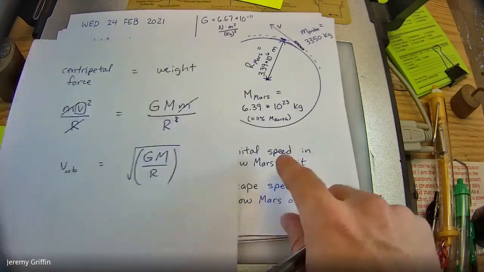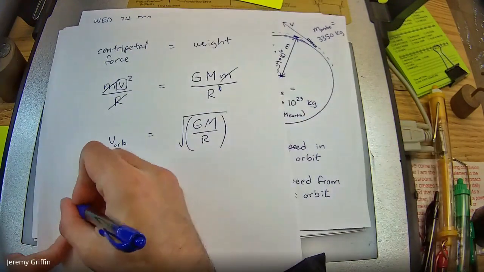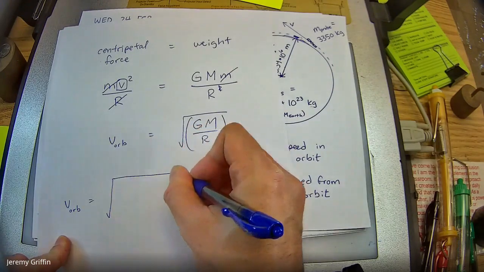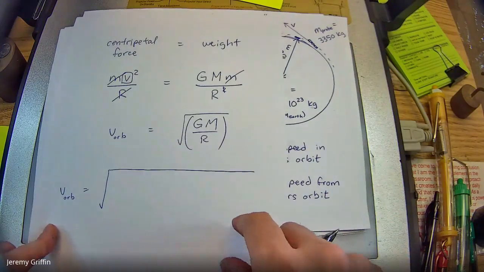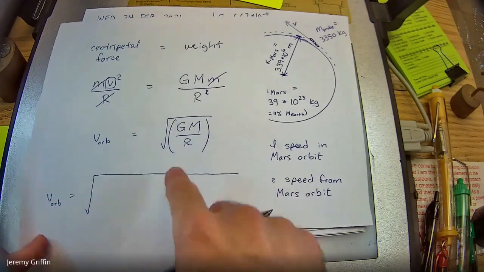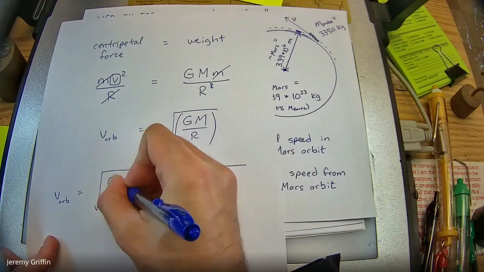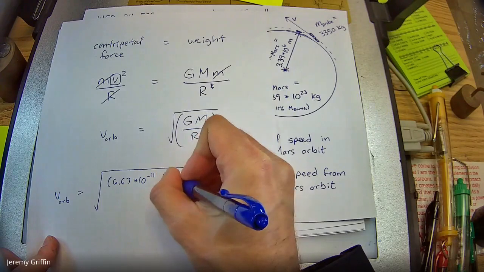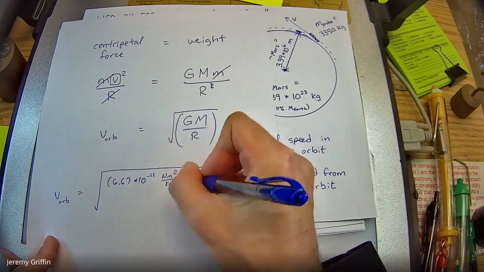Since I gave you the values, and I took you through an algebra-based page the other day where you saw some pretty similar stuff, it's really good practice to try this out in the calculator. Make sure you can navigate scientific notation and radicals and all that. So we've got 6.67 times 10 to the minus 11 meters squared per kilogram squared.